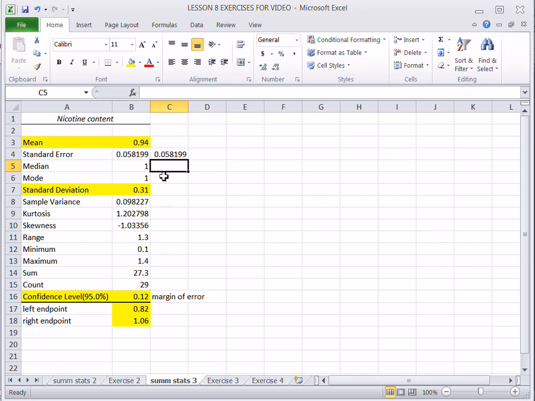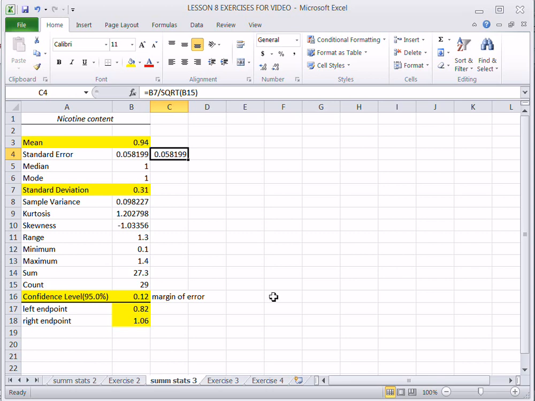We see that the variation in sample means is about 0.058, which is a lot smaller than the variation of the nicotine content of individual cigarettes. So individual nicotine content varies more than the average nicotine content.